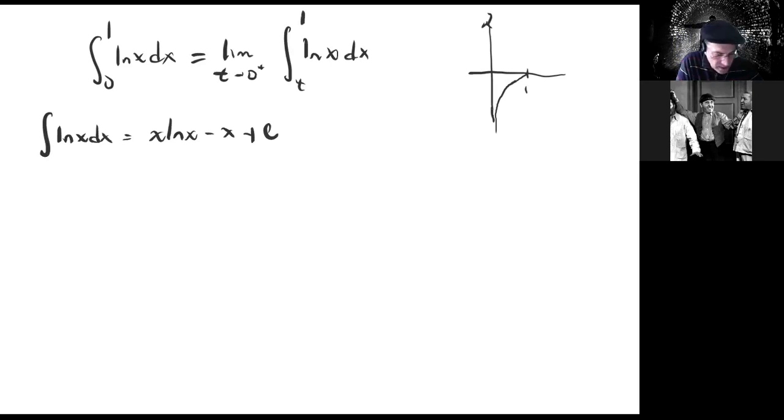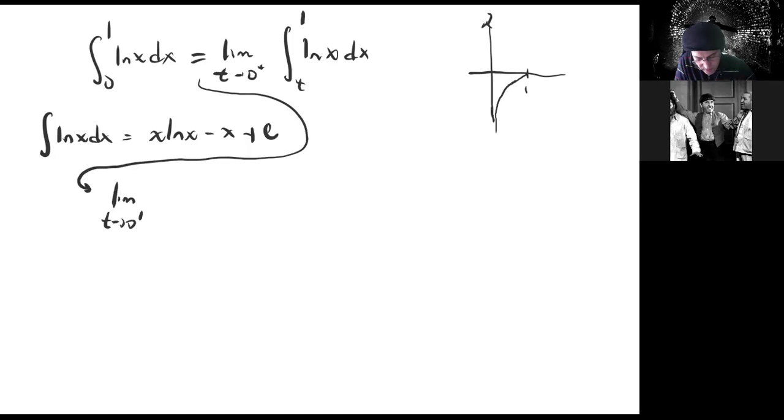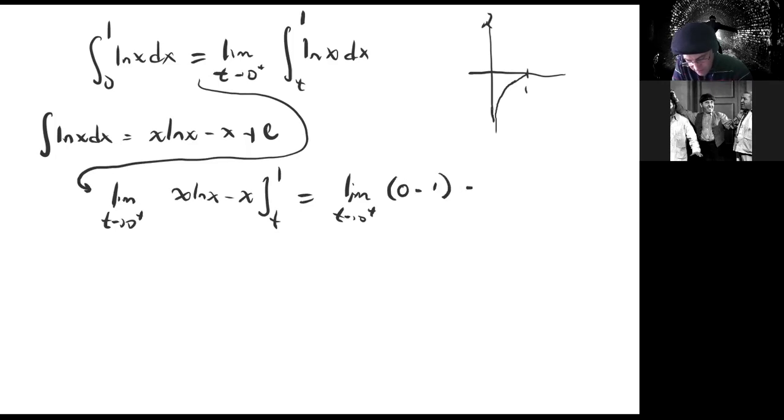I'm not going to go through that calculation again, but that tells me this is the same as the limit as t goes to 0 from the right of x ln of x minus x evaluated from t to 1, and that's going to give me the limit of 1 ln of 1, which is 0, minus 1. That's the evaluation at 1.